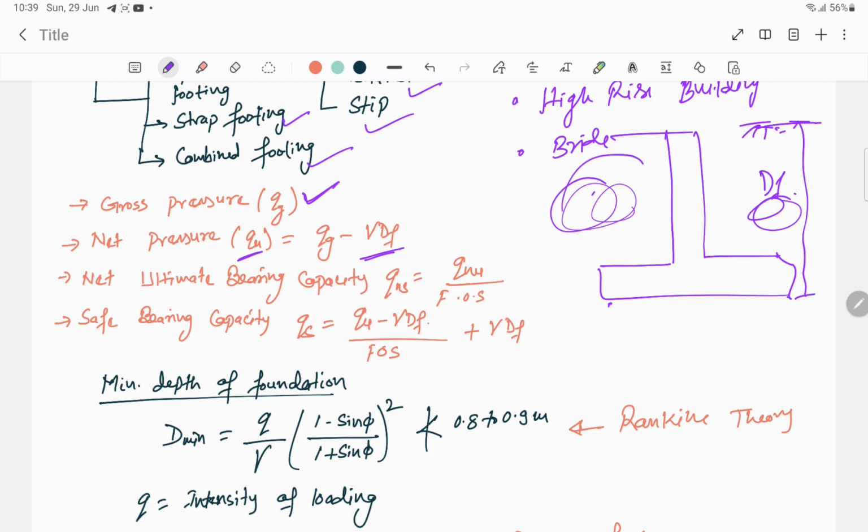So when you subtract this overburden pressure which is above the footing, then it is called net bearing pressure. After that, net safe bearing capacity is Qns, that is when you consider some factor of safety in the net bearing pressure. So net ultimate bearing pressure divided by factor of safety is called the safe net bearing capacity.